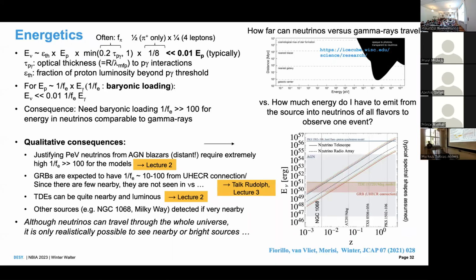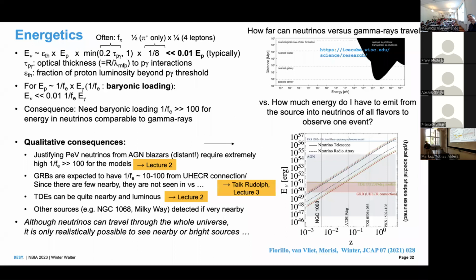Now, the next step is to relate the proton energy to the photon energy. What you actually observe are gamma rays, for instance, or electromagnetic spectra. And this is very often done by a fudge factor, which is called the baryonic loading. I call it 1/Fe. You can call it whatever you want. But in principle, the proton energy is typically a factor of a few higher than the energy you actually observe in gamma rays.